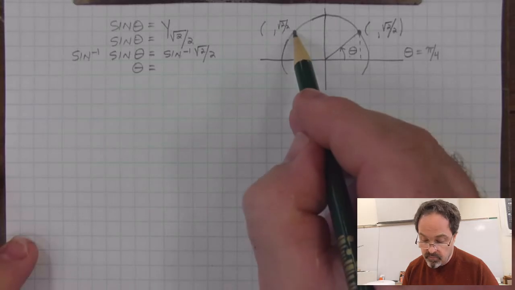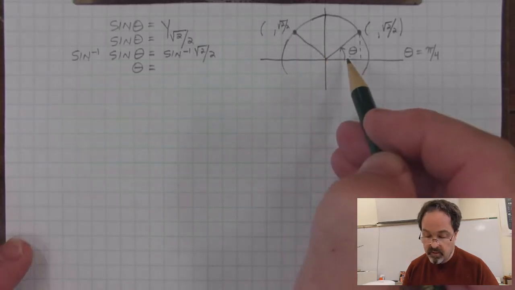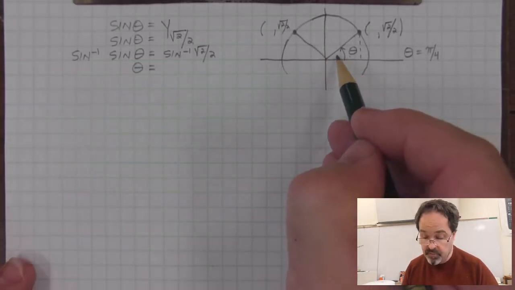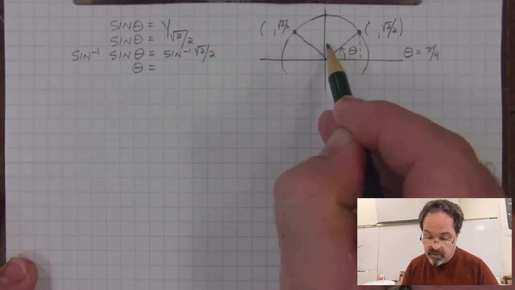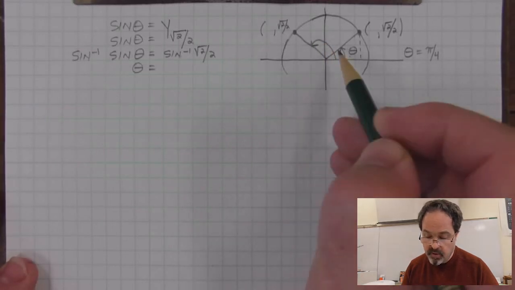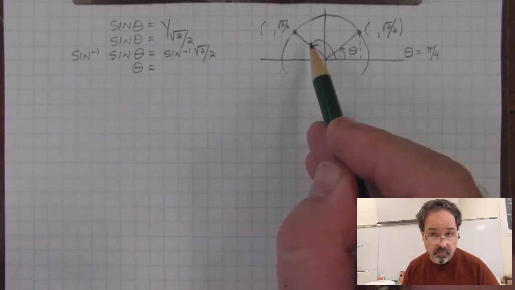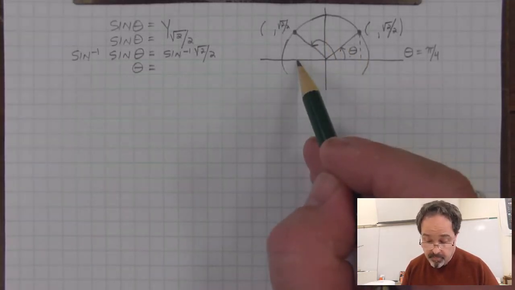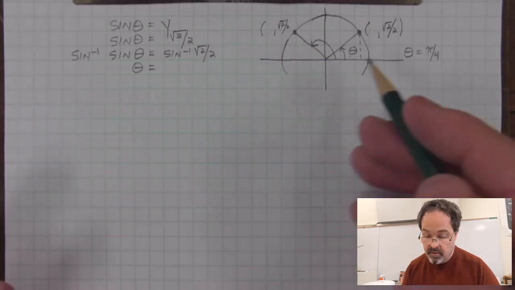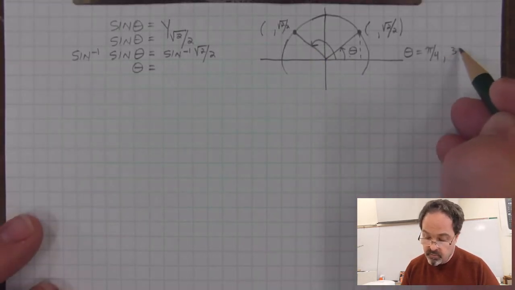And this second angle is not the same as theta, but it shares a relationship with theta. It's the angle in the second quadrant that's found by taking theta away from a half circle, or pi minus theta. And that second angle is 3 pi over 4.